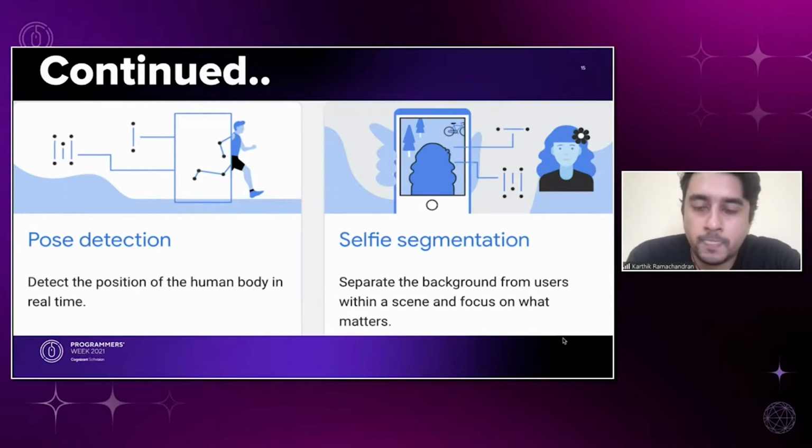And also selfie segmentation, it's somewhat like Zoom: only the user's face, or the person, will be visible, and the rest of the screen will be covered with some arbitrary image. So that's pretty much it as far as selfie segmentation is concerned.